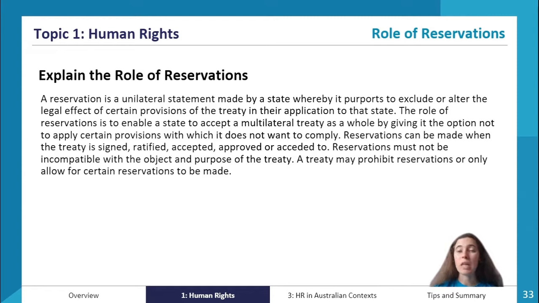So there are limitations there to make sure that things can work and that everything is compatible. So it's good to have this idea of reservations, but it does have to have limitations for it to function logically.